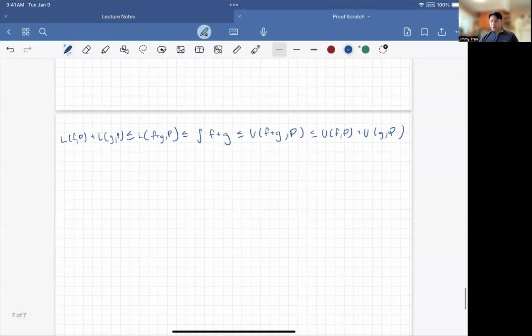And so likewise, we also know that the integral of f and the integral of g are also squeezed between these lower and upper Darboux sums here as well.